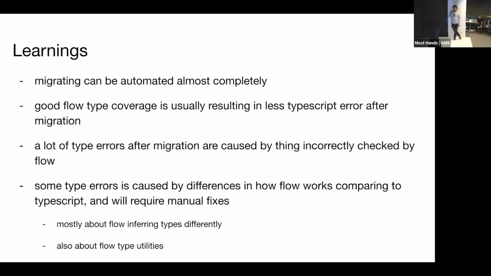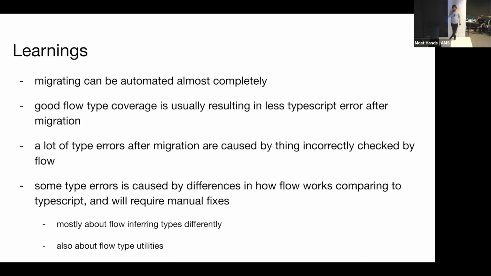Yeah, so on learnings about converting. The first and biggest one is that you can migrate almost completely automatically, and you can have proper verification. The only part remaining is that you will have some type errors, but they won't block you at runtime, so you can just suppress all of them.